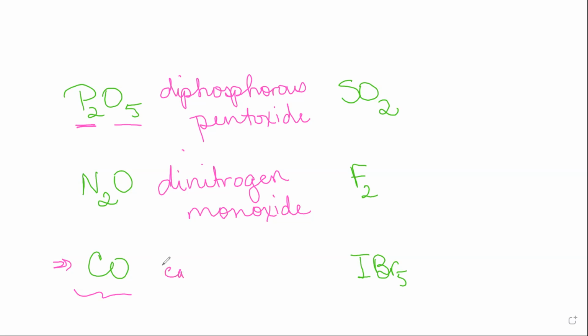Absolutely, Jose. See, that didn't give you any trouble. Just carbon monoxide, but that's why we name it carbon monoxide. It's coming from our naming rules. Okay, you guys, one more column and then we'll move on to polyatomic ions.